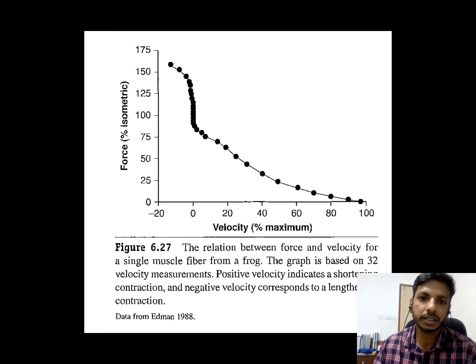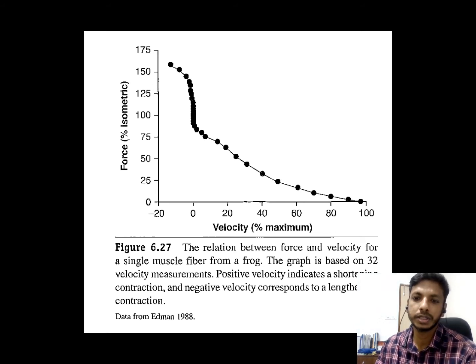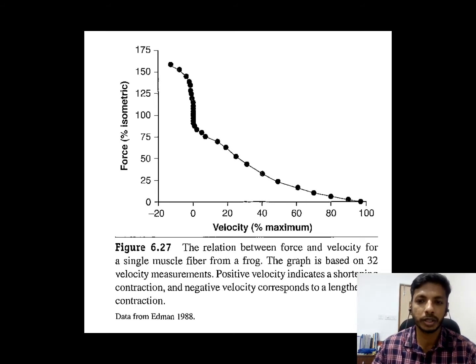Also, during eccentric contraction, once the muscle fiber gets lengthened, it detaches faster and the chances of reattachment are more, which results in excessive force production. So this is what the force-velocity relationship is all about.